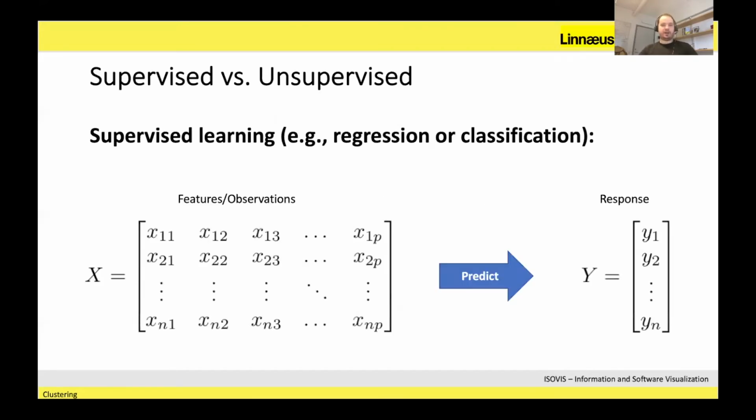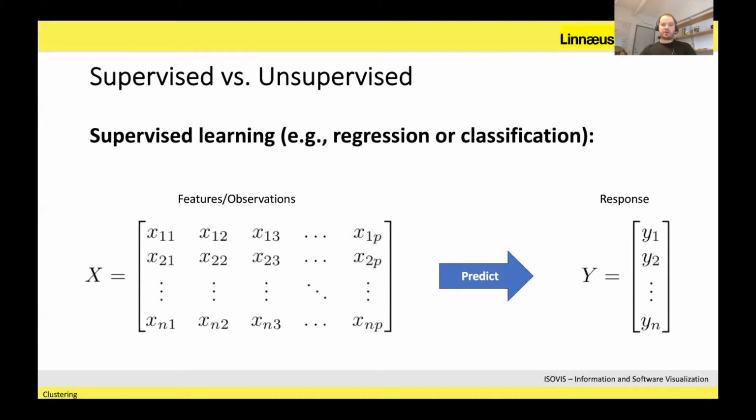I don't know how many of you have actually heard about unsupervised learning or know what it is. Probably you've heard the word clustering or dimensionality reduction floating around in some way, but I'm not sure if you understand what it means that these things are unsupervised learning instead of supervised. But basically everything you've seen so far in the course, as far as I remember, was about supervised learning.